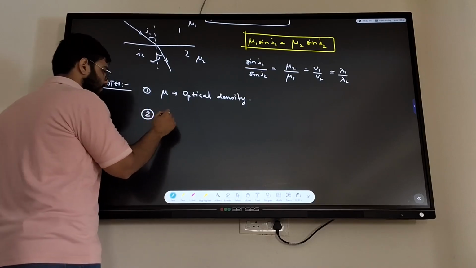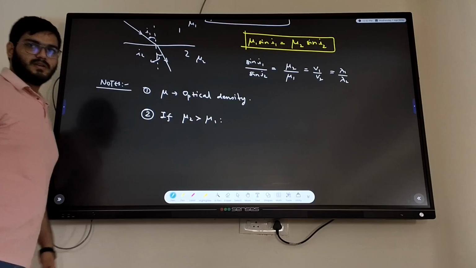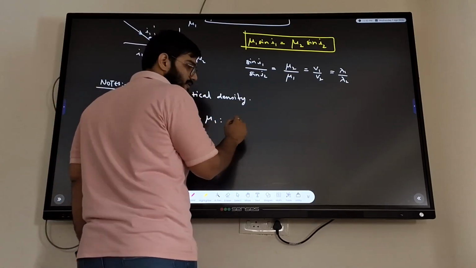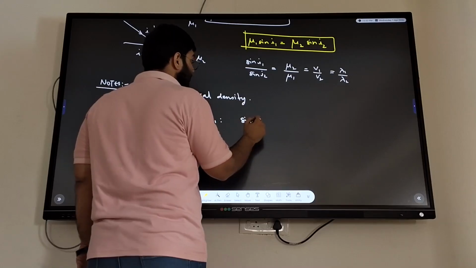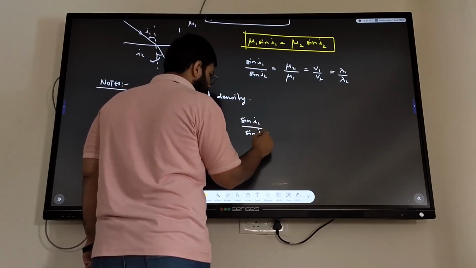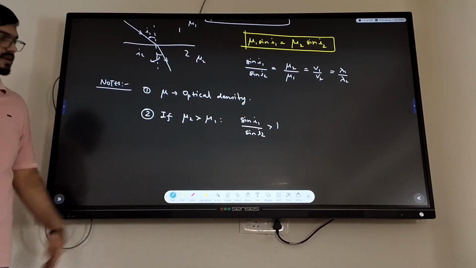So if mu2 is greater than mu1, then can you tell me by Snell's law what you can say? Then sin I1 upon sin I2 is greater than 1. Is it correct? Yes.